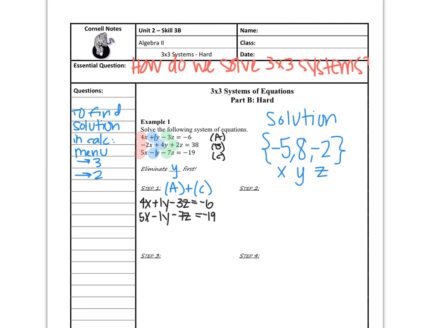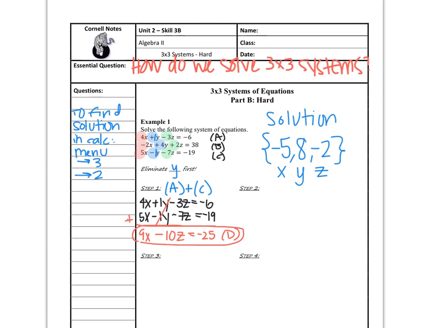So if you recall, what we do is we just add straight down. Okay, so 5 plus 4 is 9x. 1y minus 1y cancels. -3 take away -7 is -10z. And then summing the numbers on the right gives us -25. And now we call this equation D. And we're going to circle it because we're going to come back to it later.